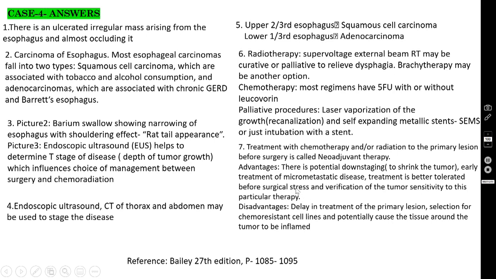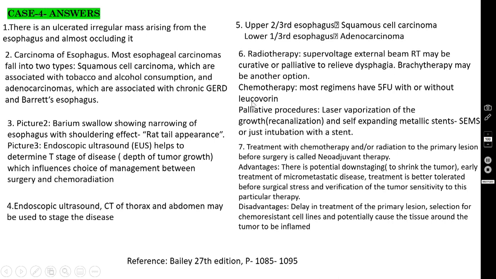All these are advantages. So what are the disadvantages? Delay in treatment of the primary lesion, selection for chemo-resistant cell lines, and potential to cause the tissue around the tumor to be inflamed. All these are disadvantages.